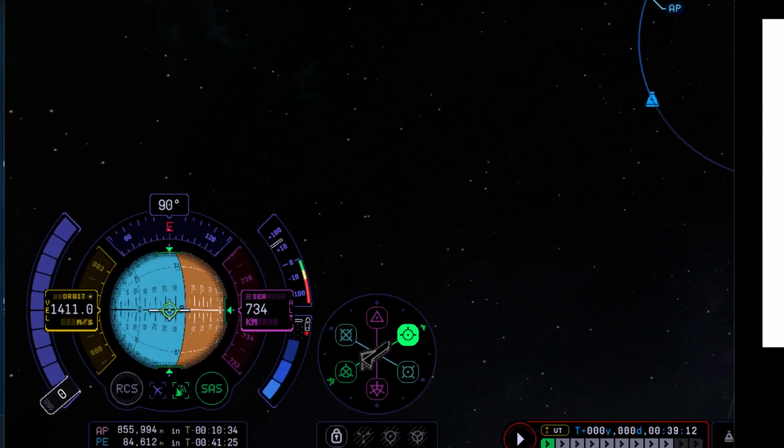Okay, see altitude 734 kilometers, that means 734,000 meters. Speed is 1411 meters per second. Pitch about 16 degrees, and therefore theta is about 74 degrees.